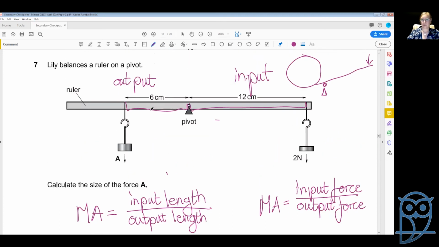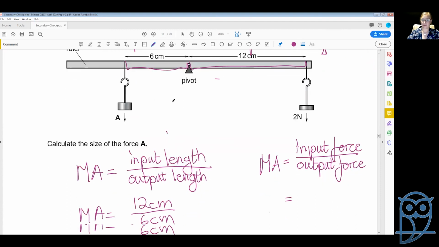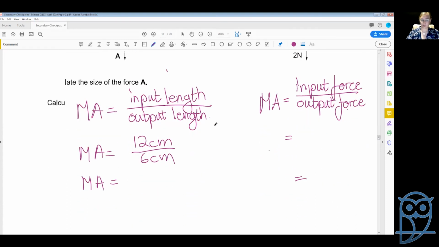Once we have decided which side is our input and our output, then we can start working it out. But our input side and our output side have to stay the same. Our answers are not going to differ depending on which side we pick as input and which as output. So mechanical advantage here is 12 divided by 6, which gives us 2. So we are going to put 2 here in the place of our mechanical advantage.